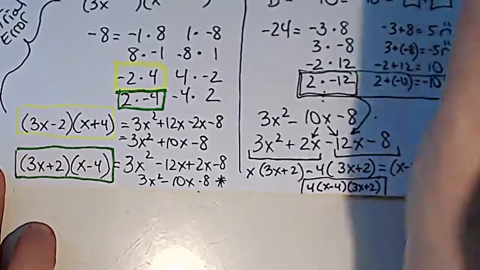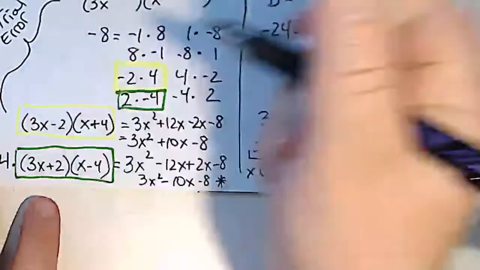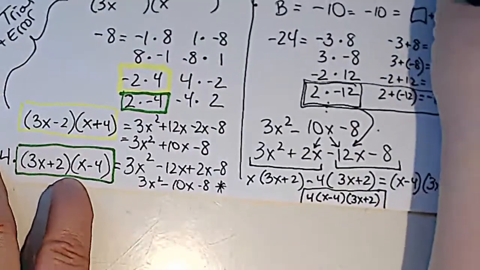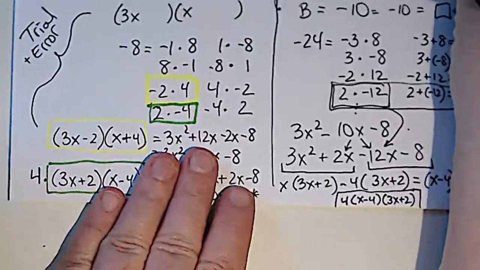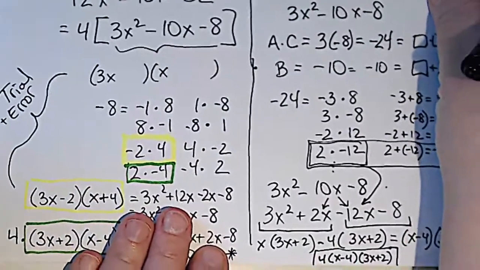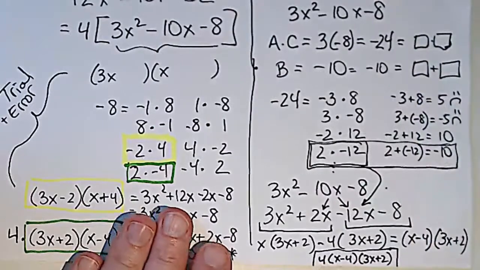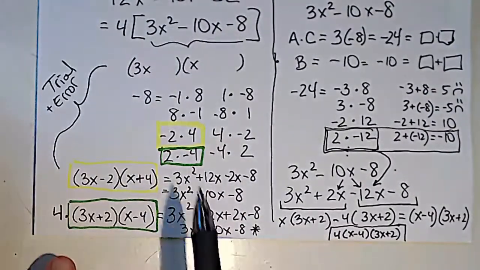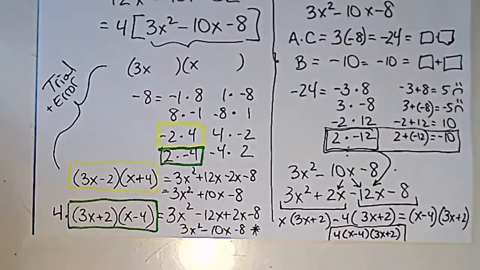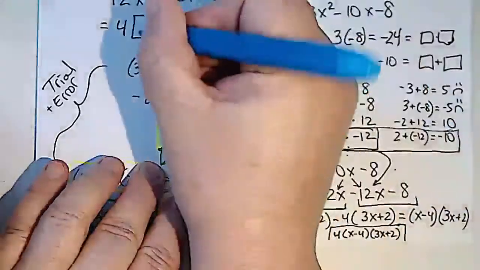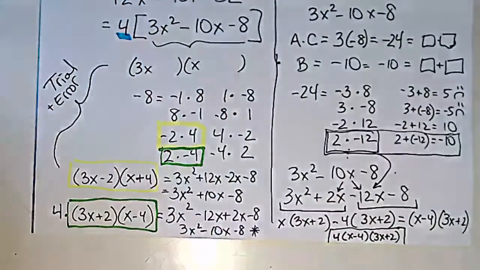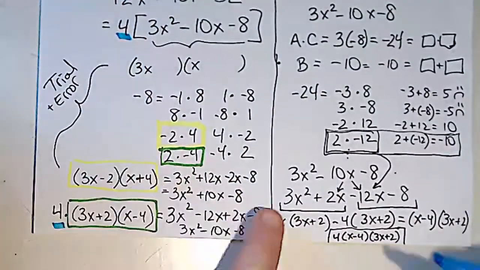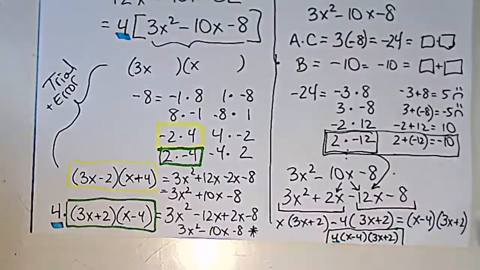Remember that we need to multiply the 4 from above. So the 4 that was up here, that's right here. That 4, we have to include down there.